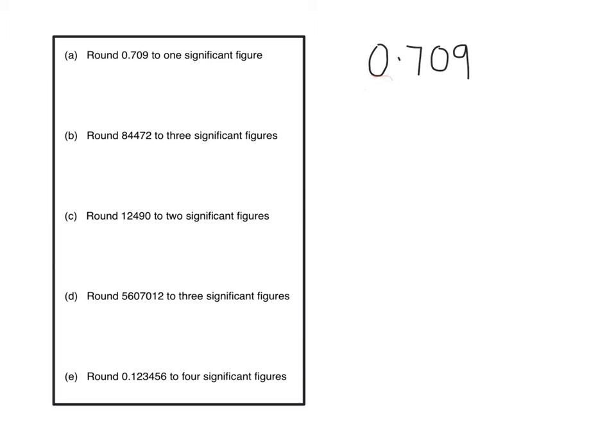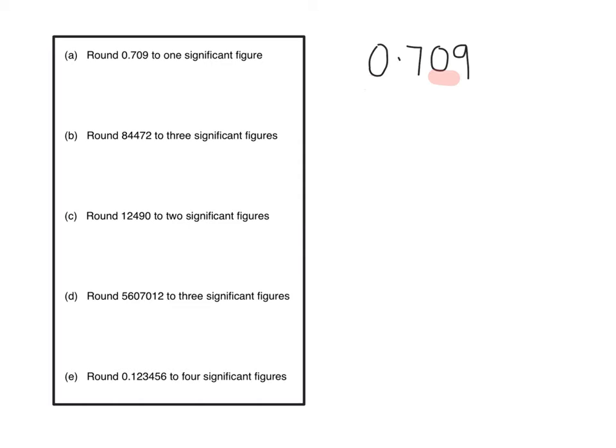If it's a 0 within the number, it does count, because that is important. It's like saying if I had 0.70p in my bank account and rounded to one significant figure, that would be like saying I've got 0 in my bank account, which isn't true. There is a small number in my bank account.